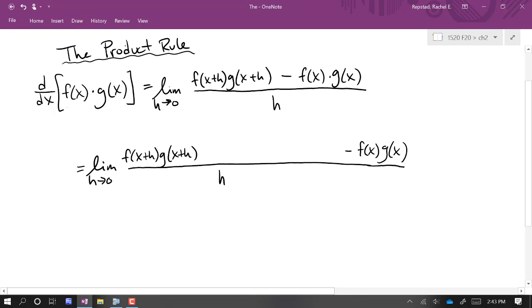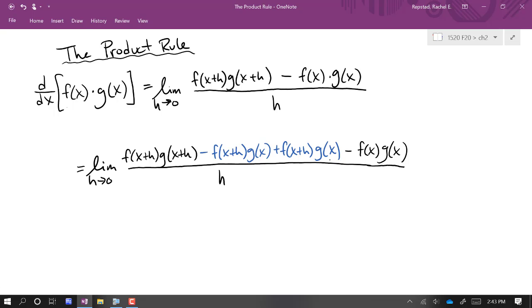I'm going to subtract first and then add. So I'm going to subtract f of x plus h times g of x, and then I'm going to add it back again. So that is going to end up being the magic result for us.